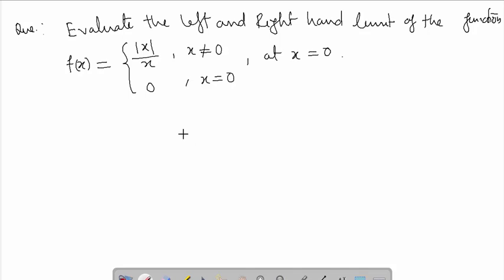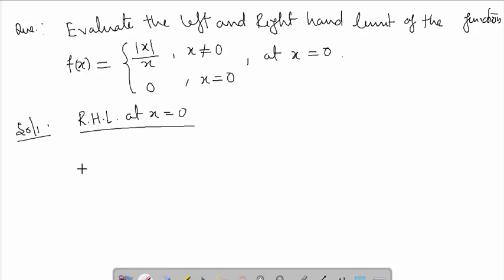So this is the question, to evaluate the left and right hand limit of the function at x equal to 0. You can solve it. Before watching the solution, you can pause this video and work on the problem. So I am writing this solution: let us calculate the right hand limit at x equal to 0.